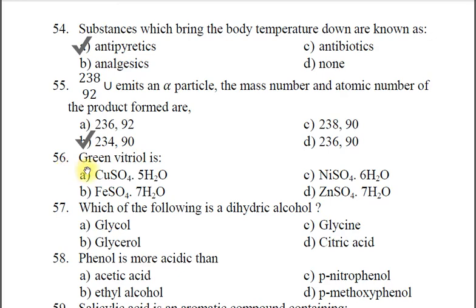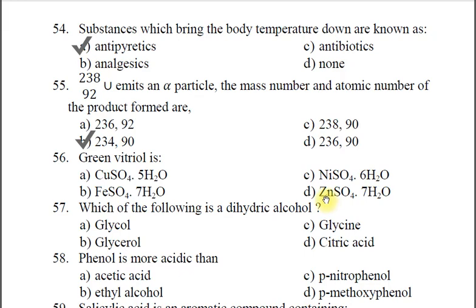Question number 56. Green vitriol is A, CuSO4 5H2O, copper sulfate pentahydrate. B, FeSO4 7H2O, ferrous sulfate heptahydrate. C, NiSO4 6H2O, nickel sulfate hexahydrate.